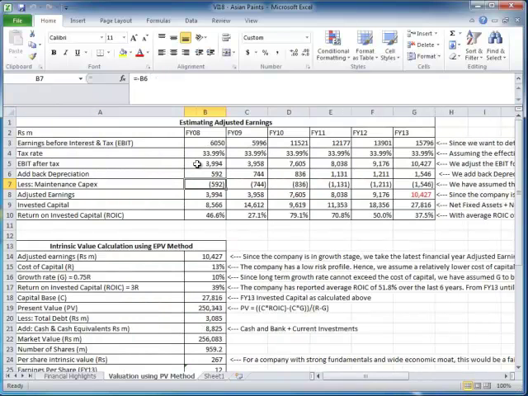So this just cancels out for each of the years. The adjusted earnings, which is the sum of the three above, becomes the same as the EBIT after tax, because these two are zero.